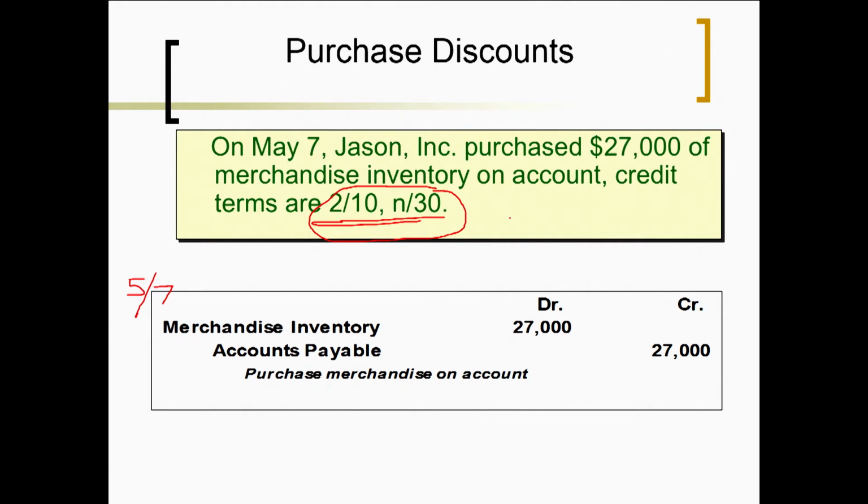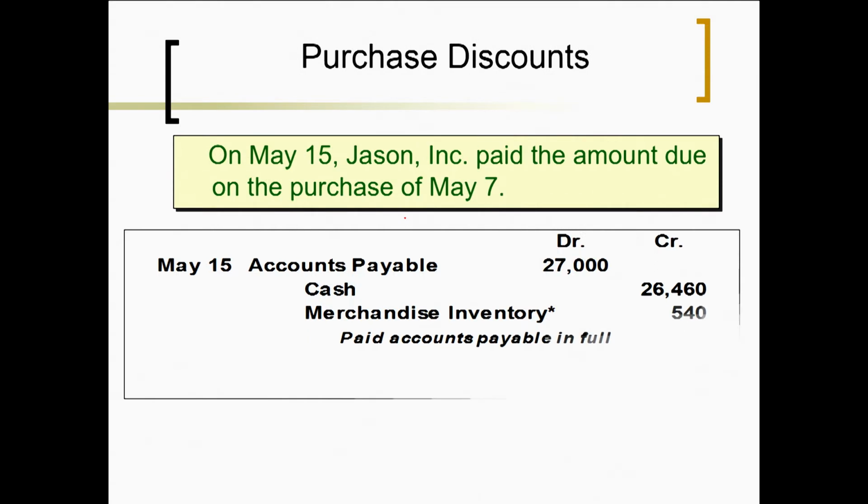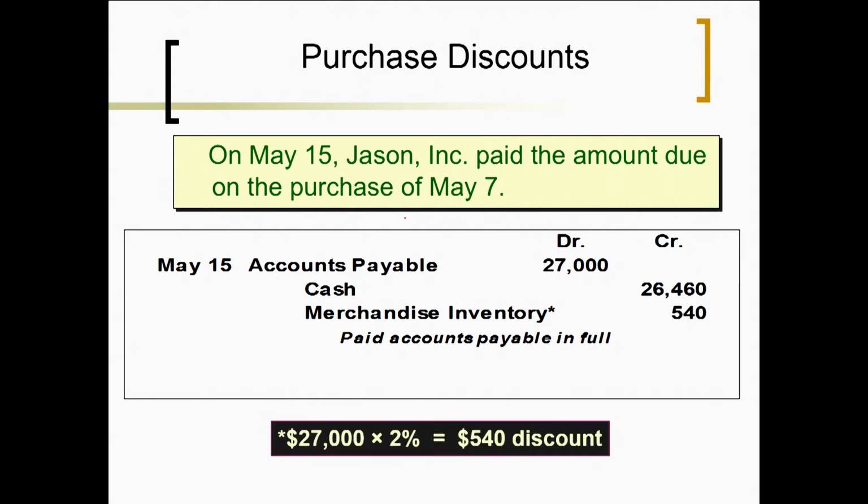Now, this is a May 7th situation, right? So what day do we have to pay by to get that discount? May 17th or earlier, and we can take that 2% discount, right? Well, we pay it on May 15th. This is how I think about it. We don't have to give them $27,000 of cash.